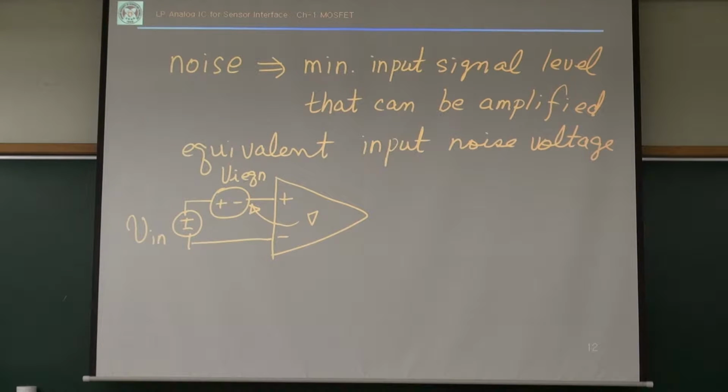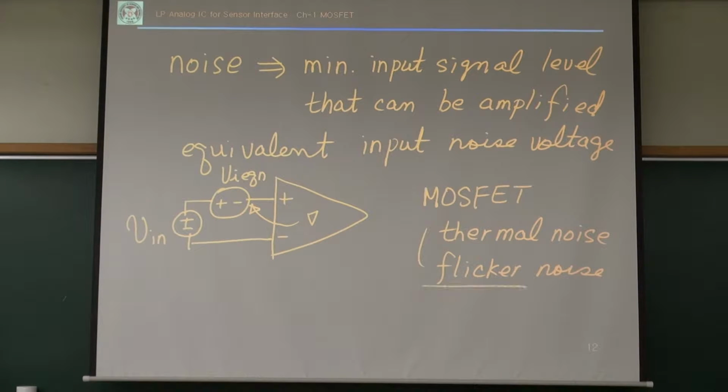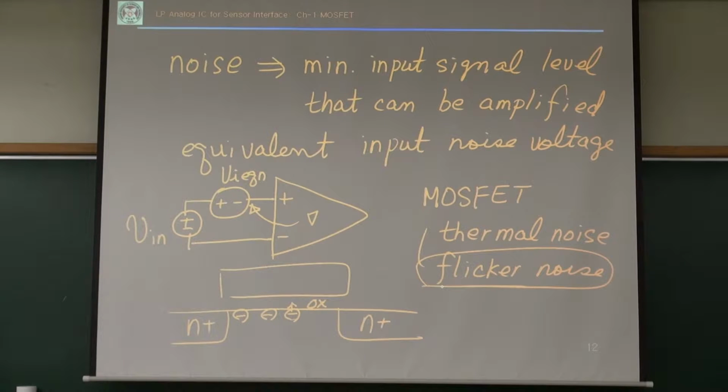In a MOSFET, we have thermal noise and flicker noise. Flicker noise: there is a source and drain, and electrons are flowing along the surface. But at the oxide and silicon boundary, there are traps, and those traps determine the flicker noise.